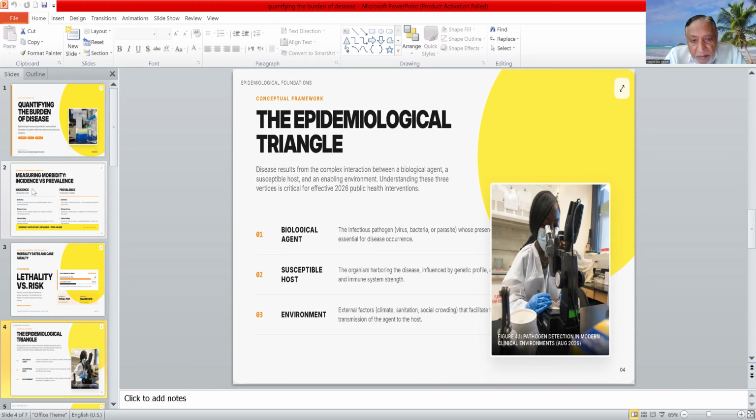The environment is considered external factors, while the susceptible host is the organism or the disease-harboring person. And the biological agent can be an infectious agent, virus, bacteria, or parasite, whose presence is essential for disease occurrence.